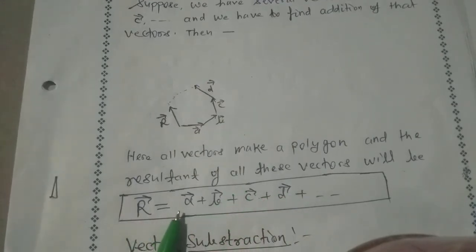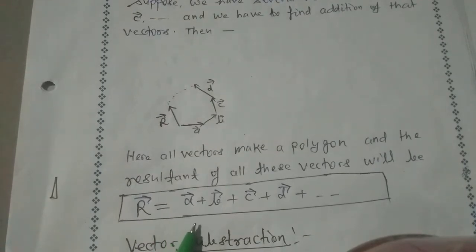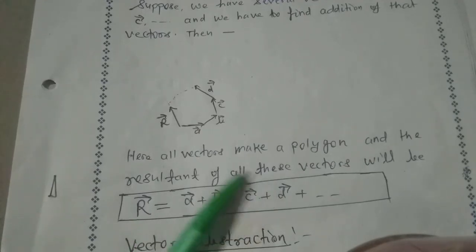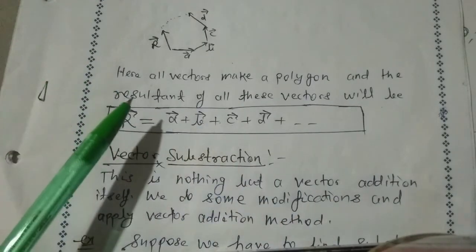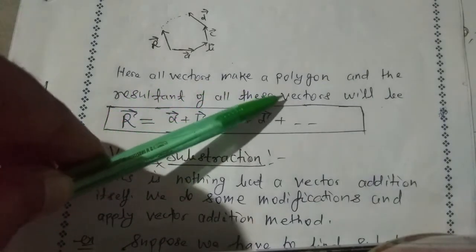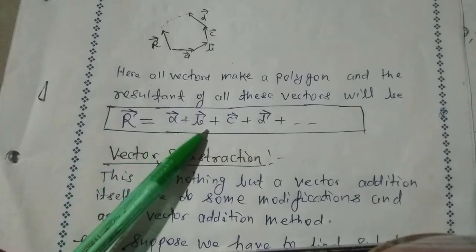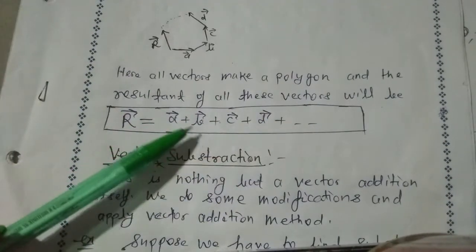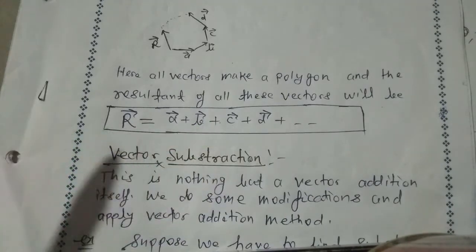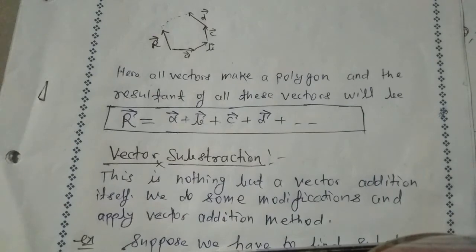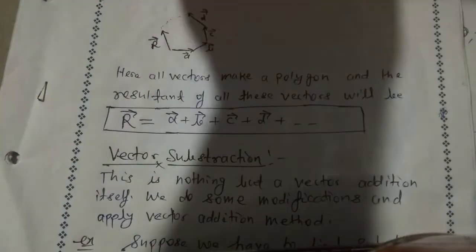All these vectors sum to vector R. This is called the polygon method of vectors. This is basically the extension of the triangular method of vector addition. Clear?